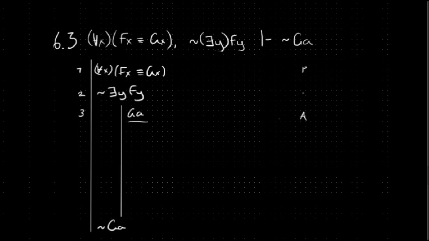We've got all x fx if and only if gx, and we know about our universal elimination rules, so potentially we can reiterate line 1 on this scope bar and then eliminate the universal quantifier to get fa if and only if ga. Now we can make use of this biconditional, and we can derive on line 6 fa.